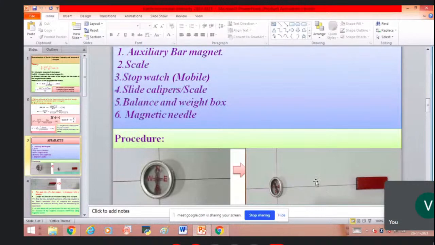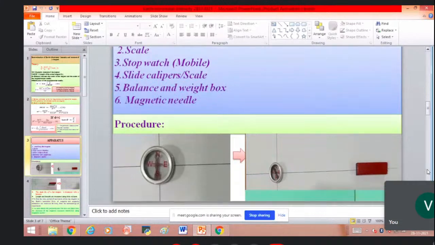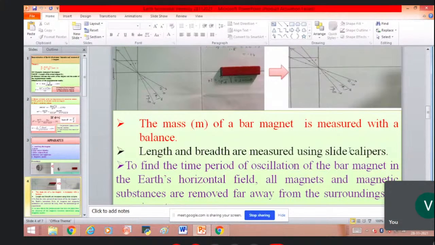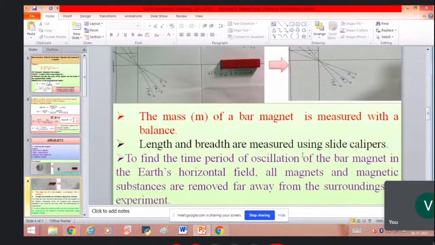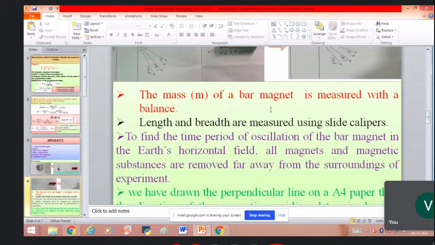First, the mass of the bar magnet is measured with a balance. Length and breadth can be measured using slide calipers, or we can use the ordinary scale also.